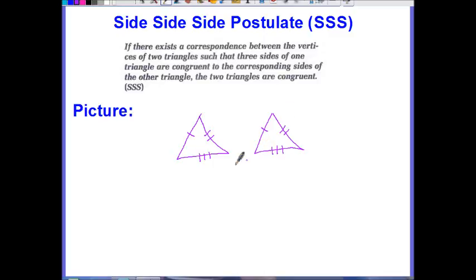All three don't have to be congruent to each other, but we have to have three sets of matches in order to have triangles congruent by the SSS postulate. Now you might be thinking to yourself, the last section we were doing, we needed to have all the sides and all the angles. The postulates that we're doing today, we only are going to use 3 pieces. These are shortcuts for proving triangles congruent.